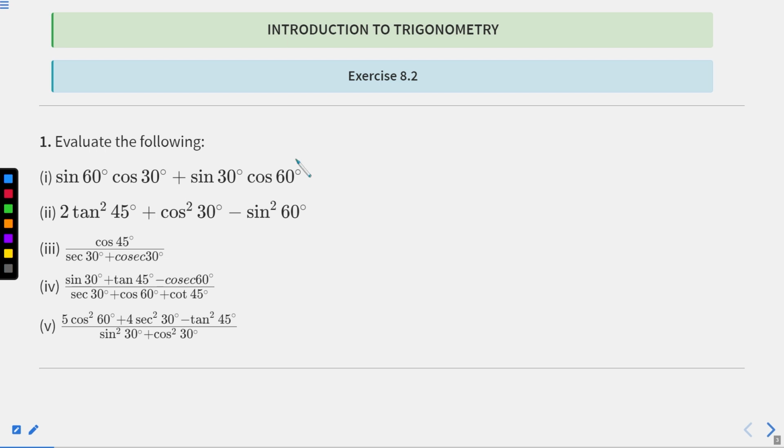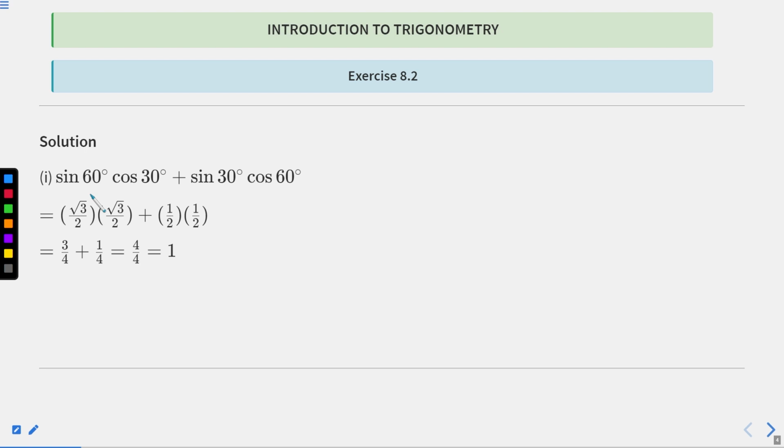Let us see how to evaluate this expression.